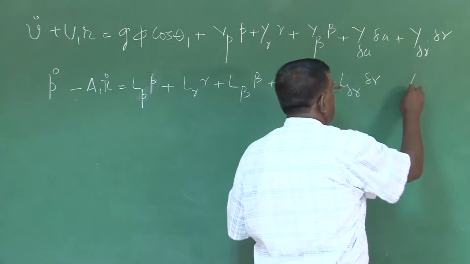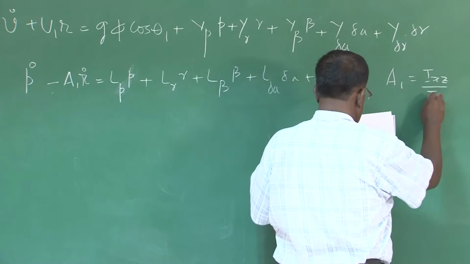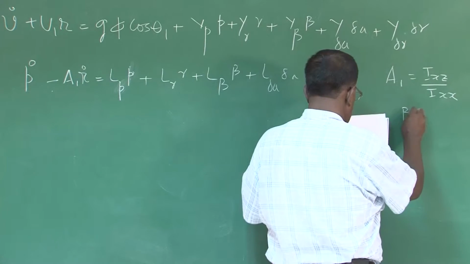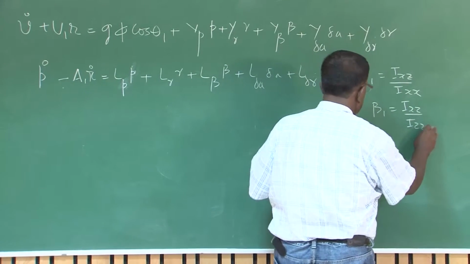And A1 is nothing but Ixz by Ixx. Let me write B1 also here as Ixz by Izz.